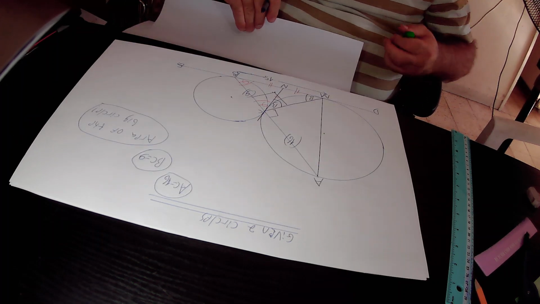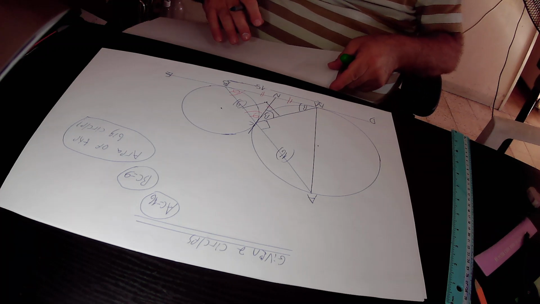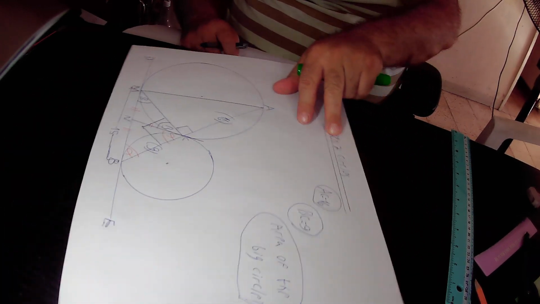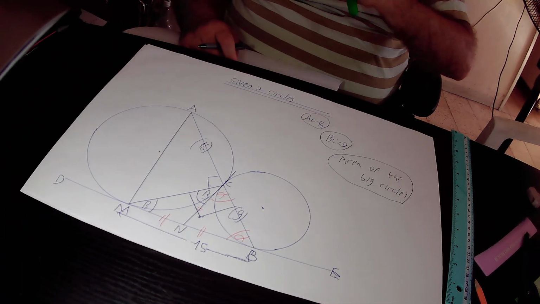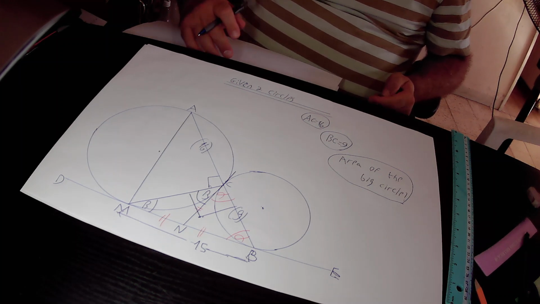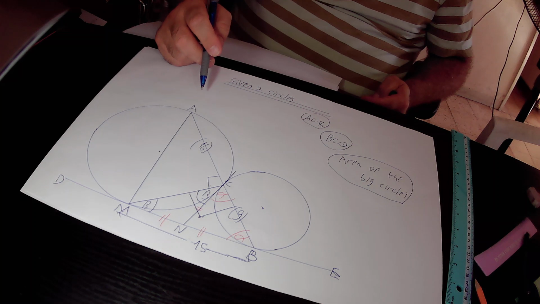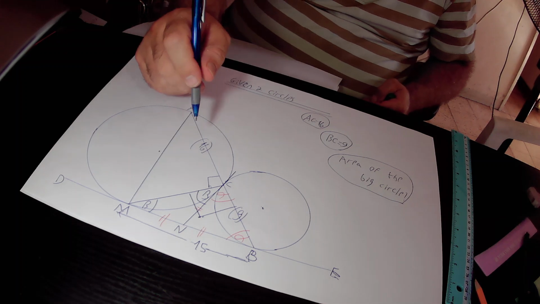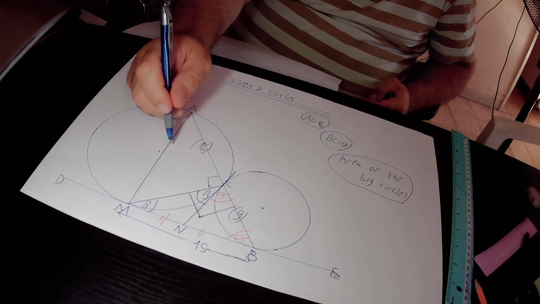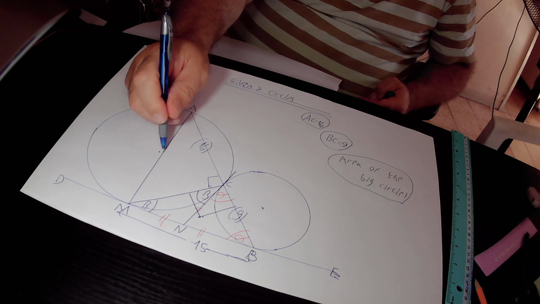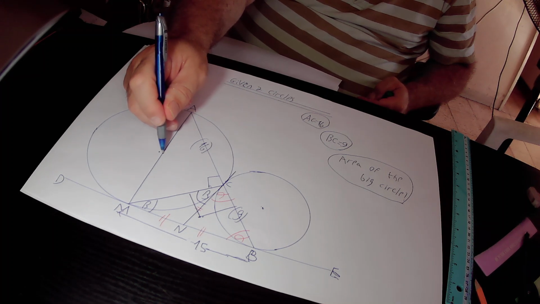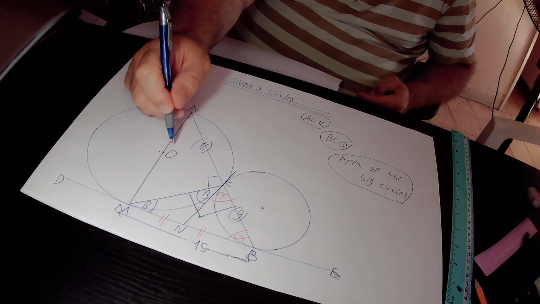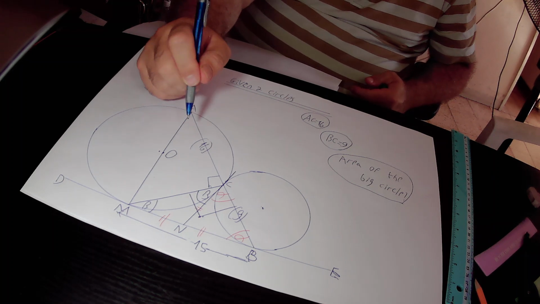We also know that the center of any circle must be located on the diameter of the circle. AM is the diameter of the big circle, and therefore the center of this big circle must be located on AM. So here we will define this point O, the center of this big circle.